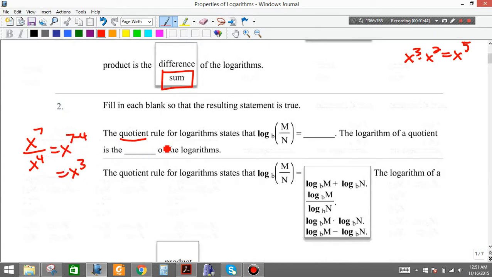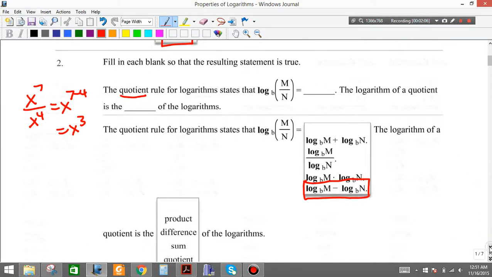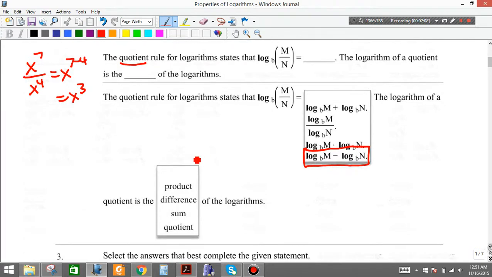And so the way that's translated in logarithmic form is that log base b of m over n is log base b of m minus log base b of n. And we're going to be using that a lot today. So the log of a quotient or the log of a ratio is the difference of the logs. The log of a quotient is the difference of the logarithms.